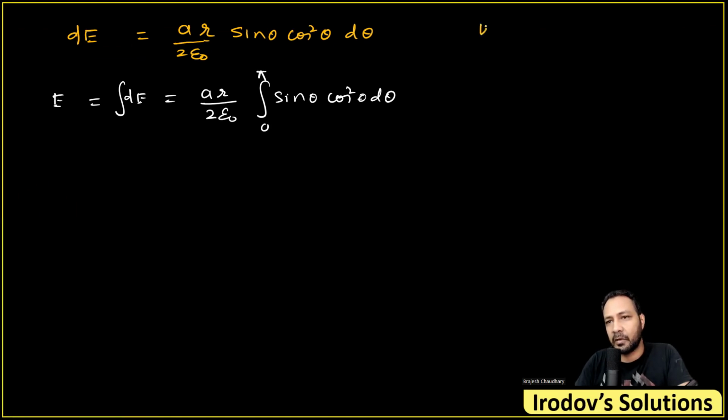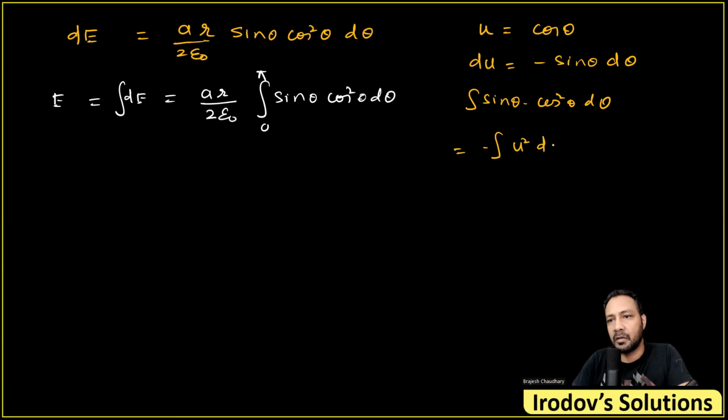For that integration, let me take a substitution. Say u is equal to cos theta. So du is equal to minus sine theta d theta. So in place of sine theta d theta I can put minus du, and cos square theta becomes u square, so that becomes minus u square du, which integrates to minus u cube by 3, and putting back the value of u, I get minus cos cube theta by 3.